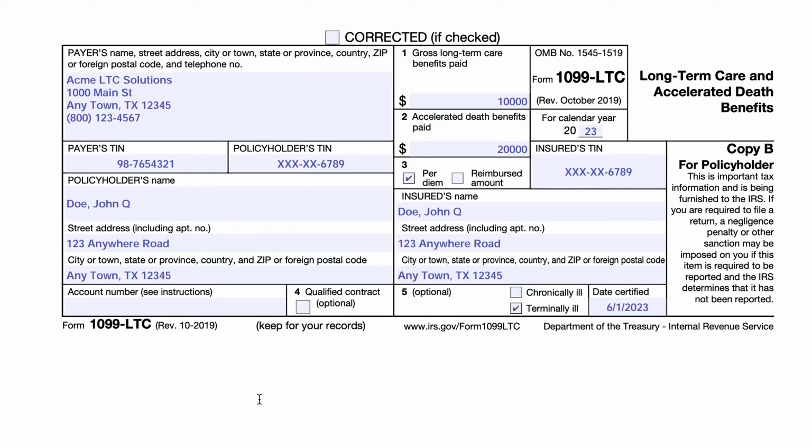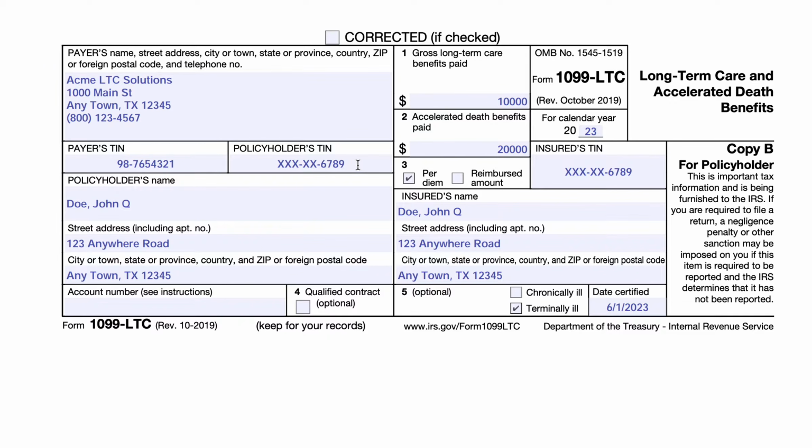So at the top of the form, you see the payer's name. In this case, Acme Long-Term Care Solutions. You'll see their taxpayer identification number, which will generally be an employer identification number.